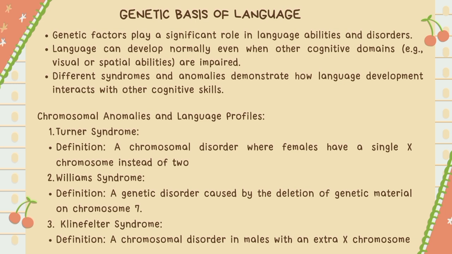Just like earlier about the SLI or specific language impairment, language still developed even though a part of the cognitive domain was impaired. And there are many different syndromes and anomalies that demonstrate how language development interacts with other cognitive skills. So here we have 3 chromosomal anomalies and language profiles.